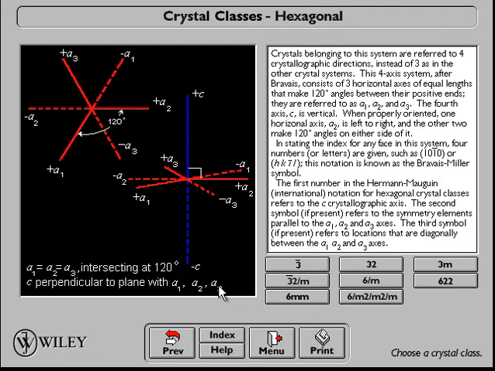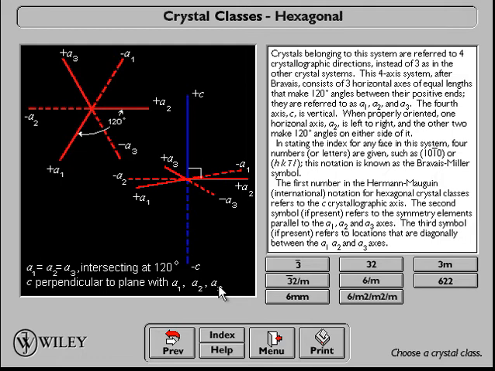In stating the index of any face in the system, 4 numbers or letters are given, such as 1 0 1 bar 0, or h k i l. This notation is known as the Bravais-Miller symbol.